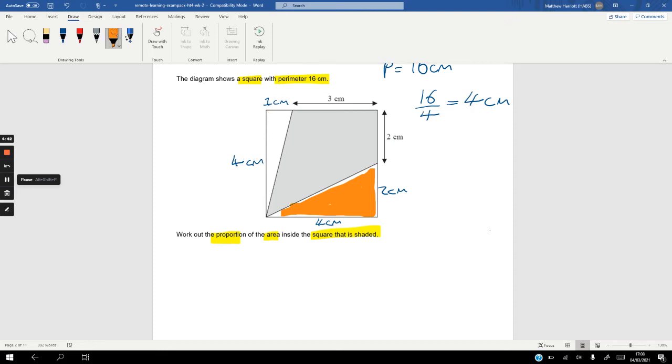So I'm going to label the two triangles. This one will be 1, this one will be 2. I'm going to start by finding the area of 1. To do that, I need 1/2 times base times height. So 1/2 times the base, which is 1, multiplied by the height of 4. 1 times 4 is 4, times half is 2 centimetres squared.